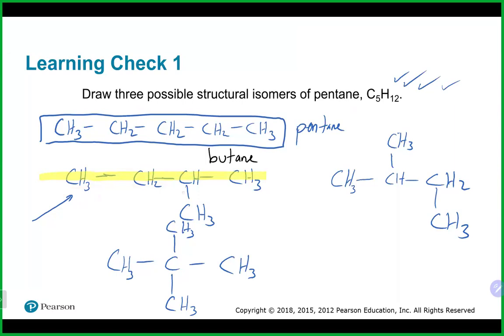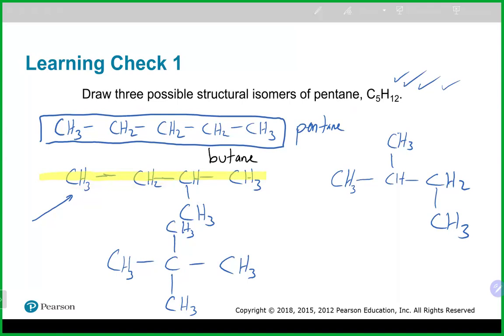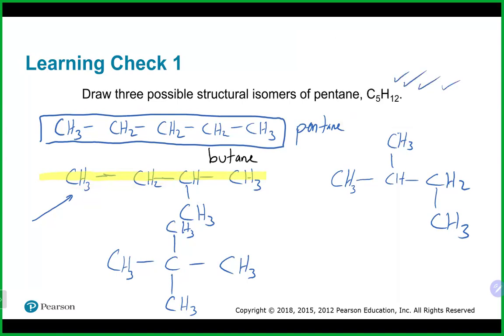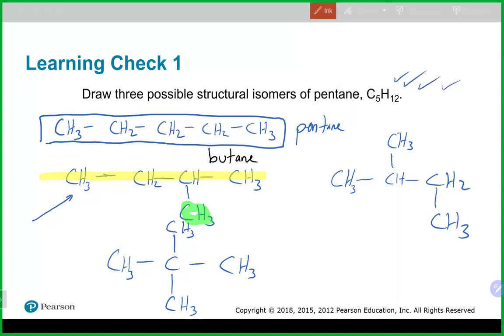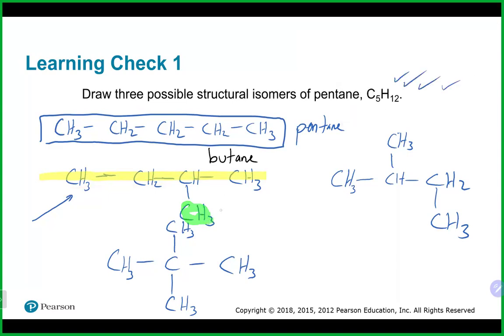Now we want to look and see what is attached that's not part of those 4 carbons. In this particular case, we have this guy right here, which is a 1 carbon group. And that also is based off of our alkane. So 1 carbon is methane. And because this is a group, this is now a methyl group, right?